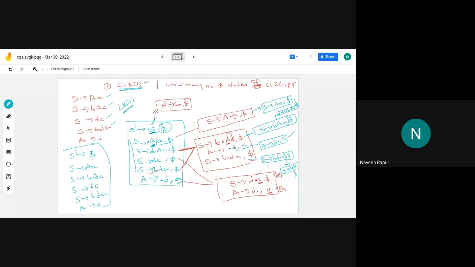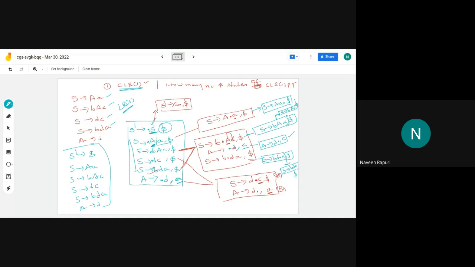Likewise, if there is an RR conflict, we check the look ahead symbols of the first production and the second production. By doing the intersection, if any common symbol exists, then that is not a CLR1 grammar. Otherwise, that is a CLR1 grammar.